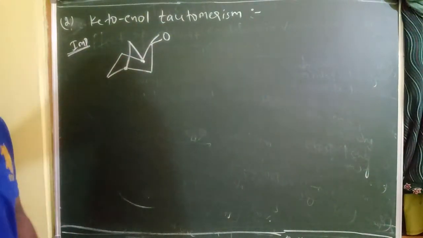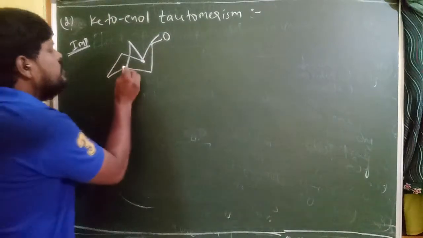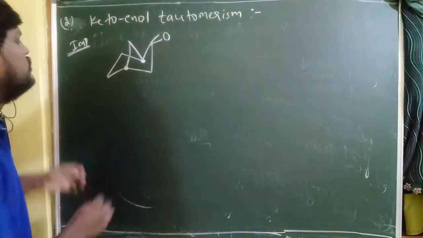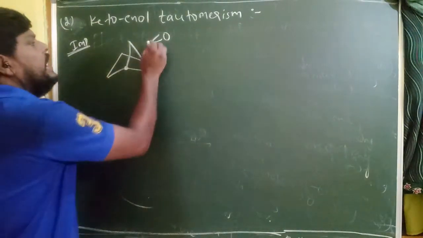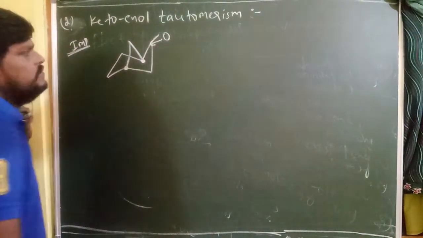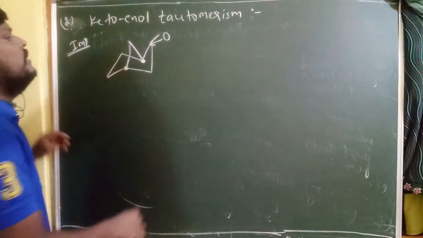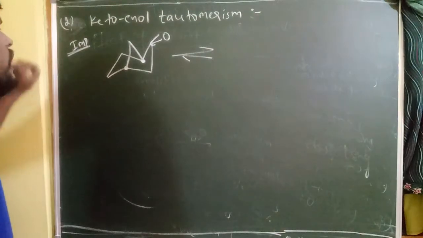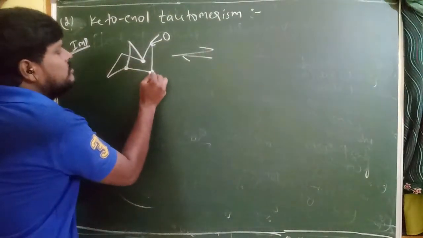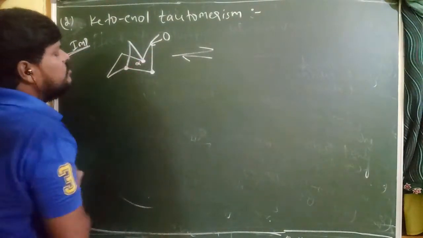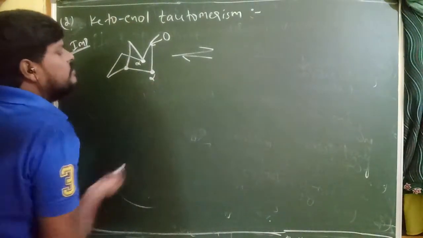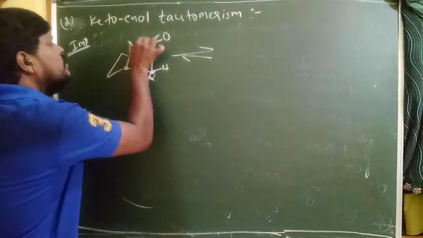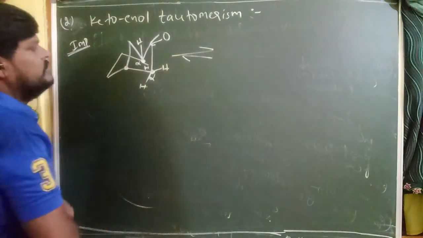This is a bicyclic compound. These two are rigid carbons in the bicyclic compound, and the functional group is a ketone group, a carbonyl compound. Here two types of products are possible. Here this is one of the alpha carbons and this is also one of the alpha carbons. Here two hydrogens are there, here also two hydrogens are there, right?